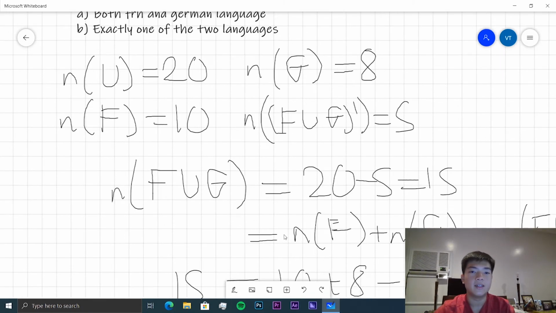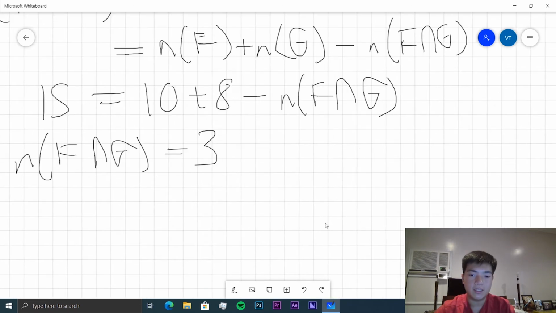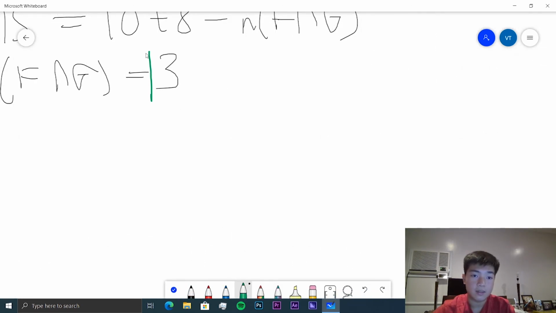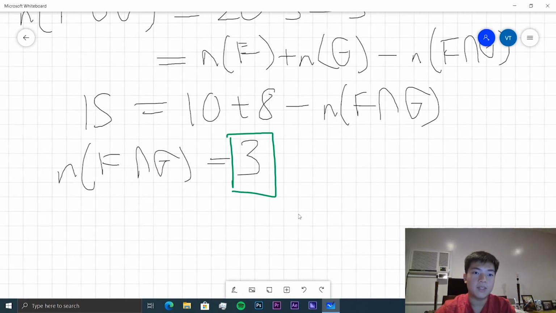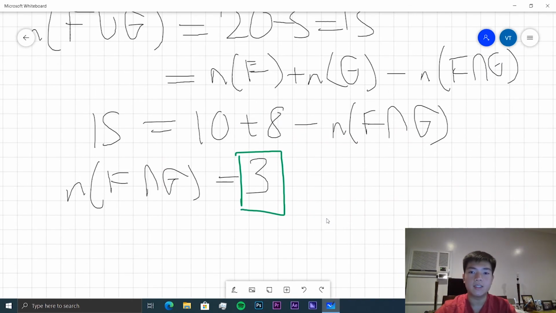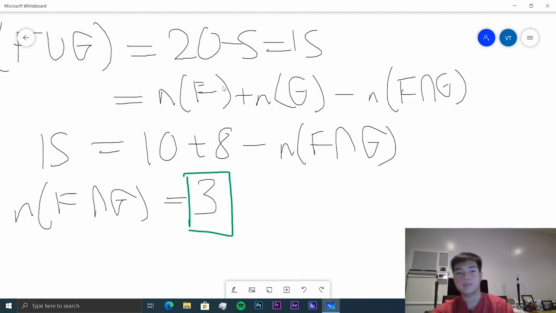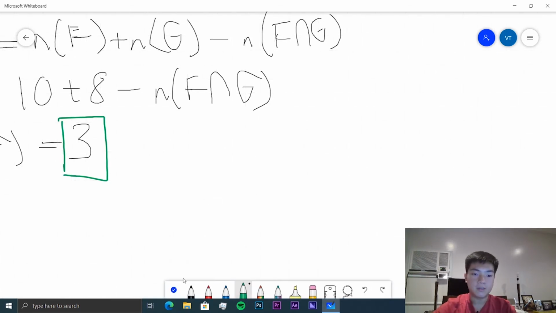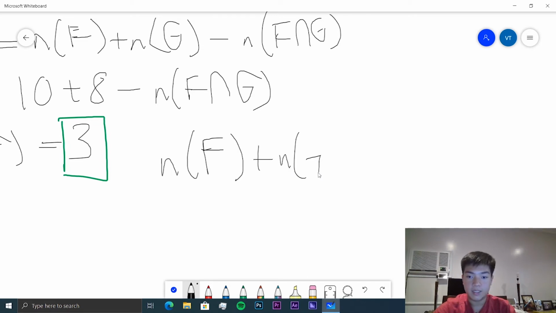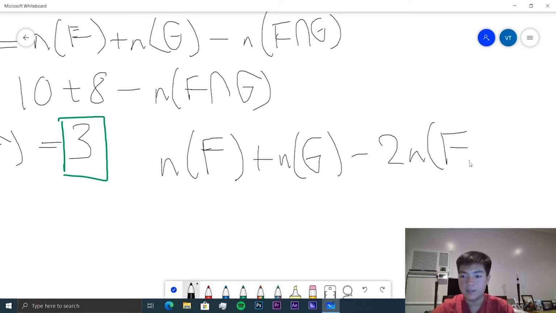And then exactly one of the 2 languages. So to get the number that study exactly one of the 2 languages, we simply need to subtract this intersection again from F and G. Because we're getting the number from F plus the number from G minus 2 times the number from F intersection G, since this intersection would be counted twice.